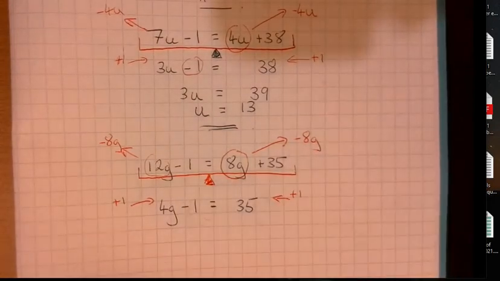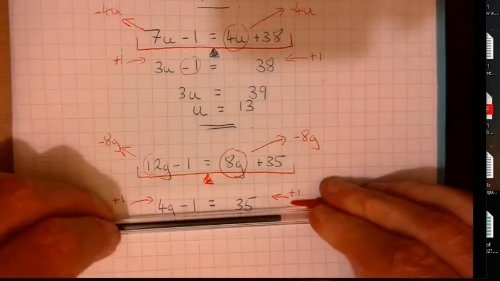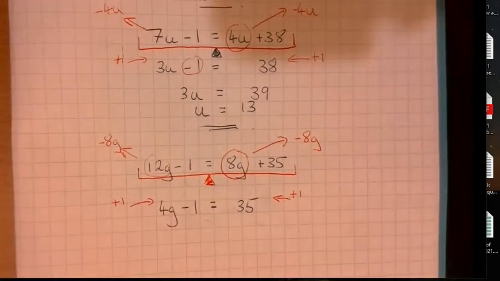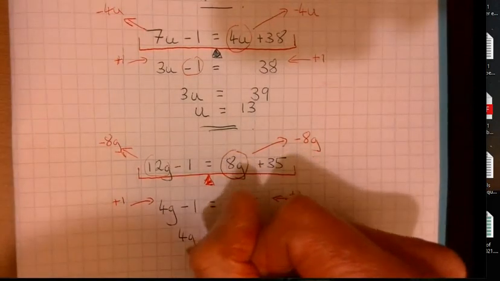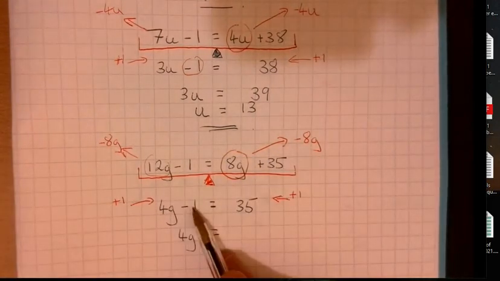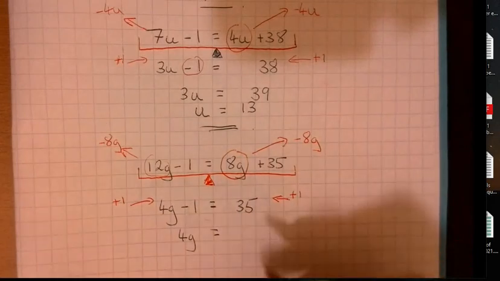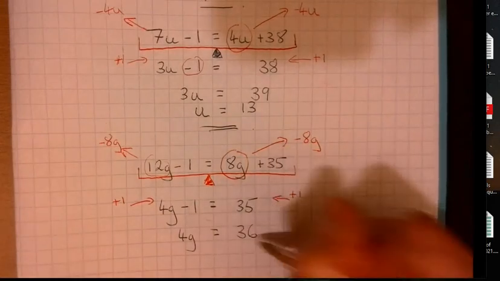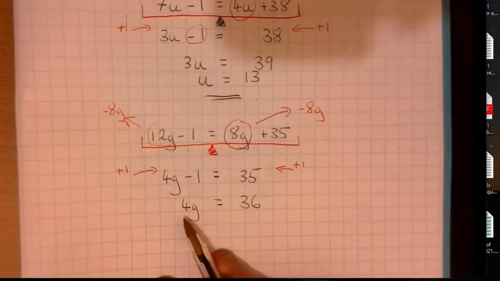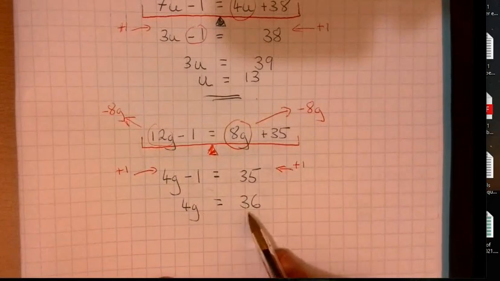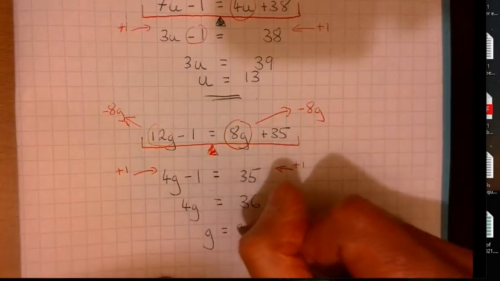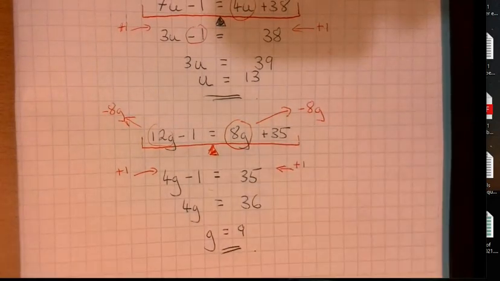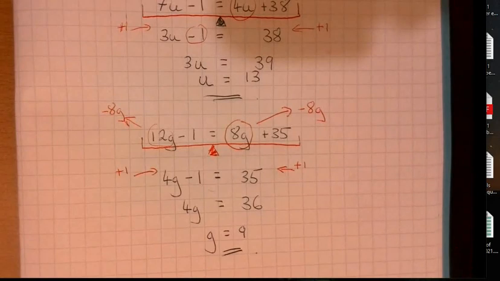Add 1 here, otherwise scales will tip. So if we add 1, we get 4G. That's got rid of that minus 1. 35 add 1 is 36. So 4 multiplied by G is 36. 4 multiplied by 9 is 36. So G equals 9. There you go.